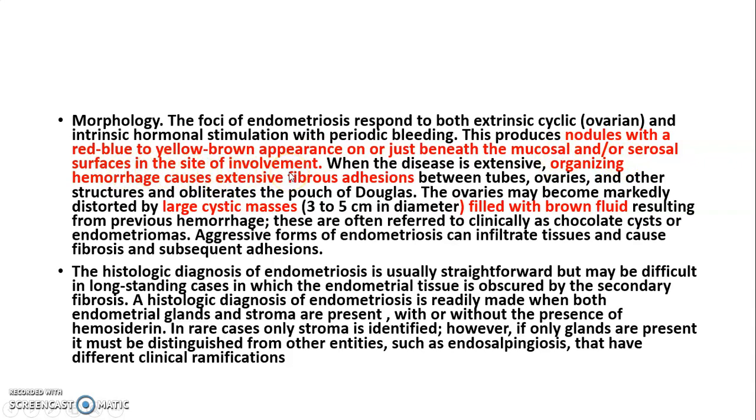So, grossly, they appear as nodules, red, blue, or yellow brown, signs of hemorrhage beneath the mucosa or on the serosal aspects of the organ or site involved. When the disease is extensive, organizing hemorrhage causes extensive fibrinous adhesions.